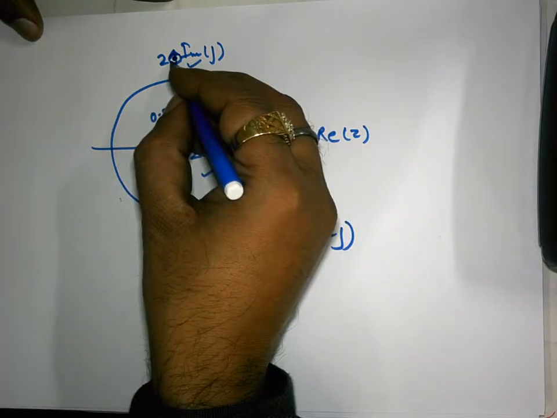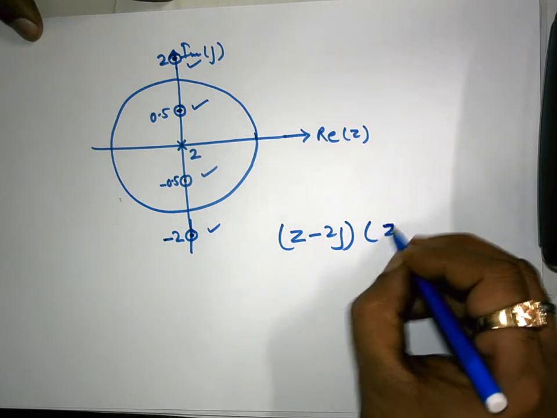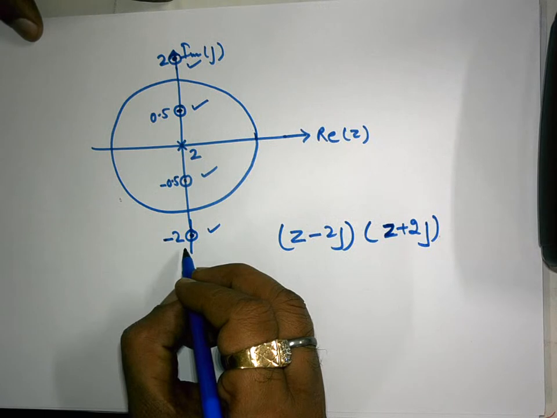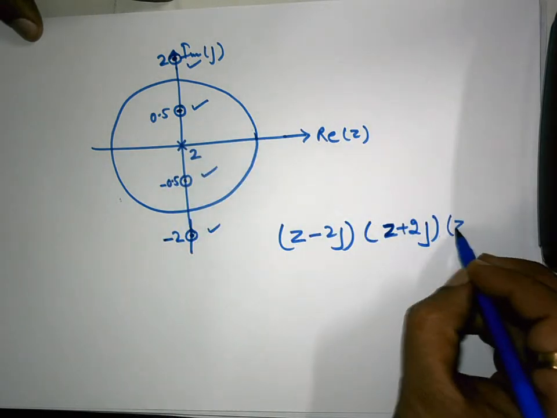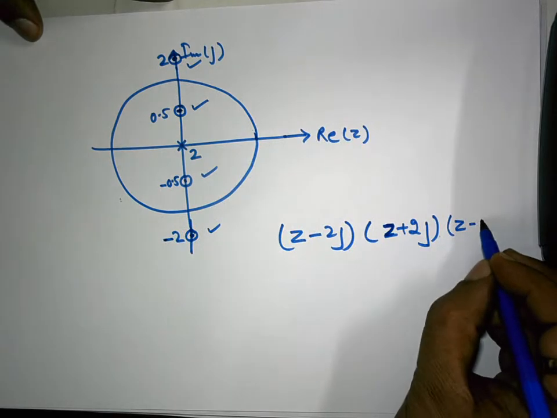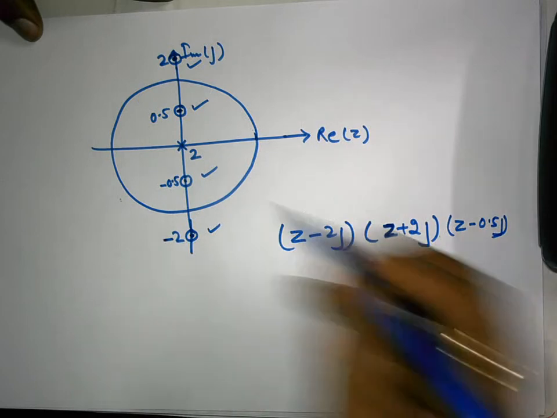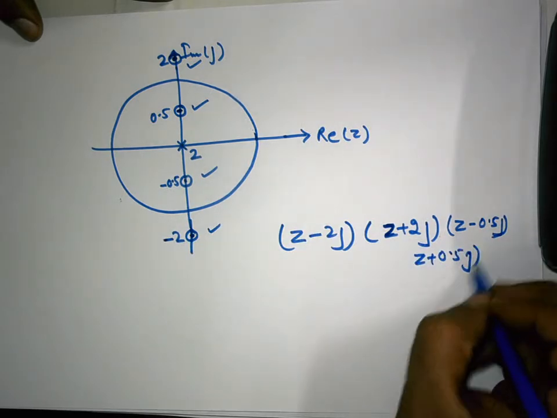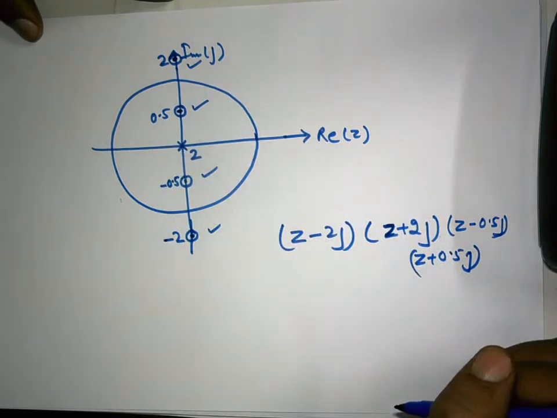This is the 2j root, and this is z plus 2j. What about this root? z minus 0.5j, and what about this root? z plus 0.5j. These are all the roots and their accumulation in the numerator polynomial of the Z transform.